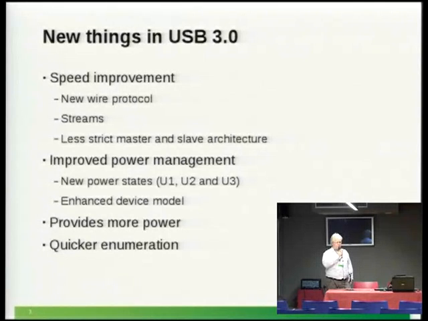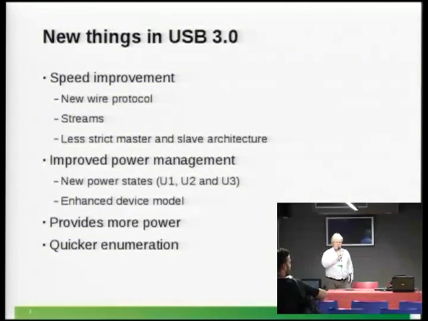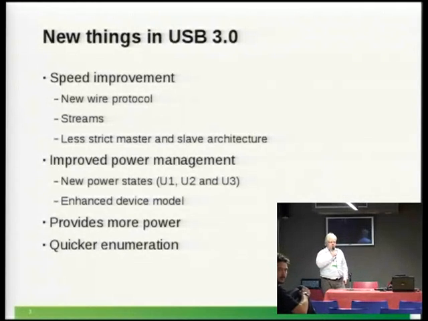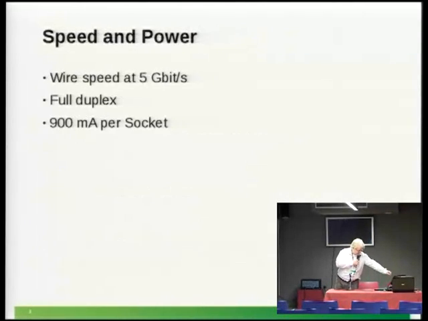Under USB 2.0, a device spoke only when spoken to. This has the obvious advantage that there is no question of arbitration on the bus, and has the necessary disadvantage that the host had to ask even if there was no data available, which means bandwidth is wasted and power is wasted. We don't do that anymore.